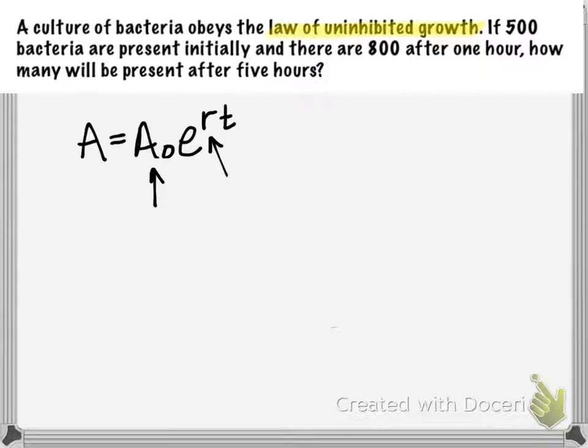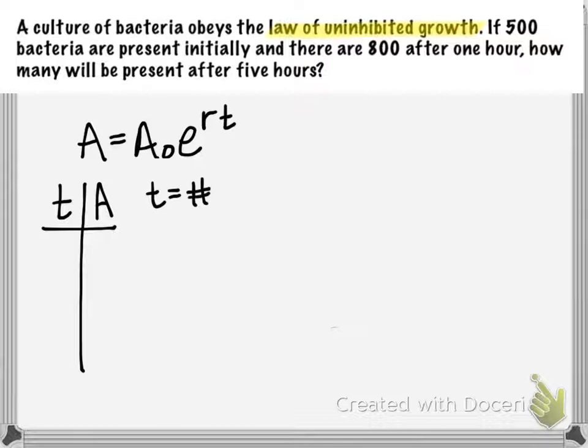So the two unknowns in this problem, the quantities that are changing, are time, the amount of time that has gone by, and the amount of bacteria. Because we're measuring in hours, we'll let t equal the number of hours that this experiment has been taking place. And A, our population, is the amount of bacteria.